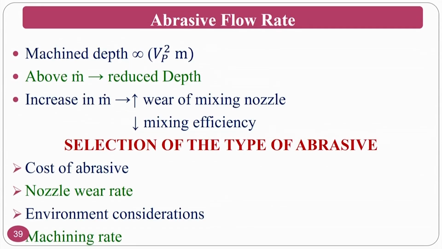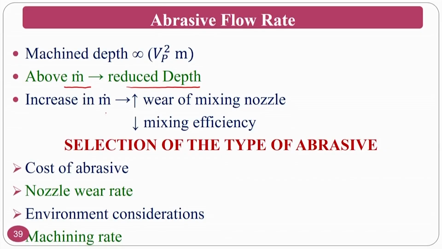So, regarding the abrasive flow rate, normally machining depth will be proportional to the velocity of the flow, and if the mass flow rate is very high, it reduces the depth. If the mass flow rate is very high, that means more and more abrasives are coming through the nozzle. So, the abrasives will collide with each other and there will be a loss in the carrying velocity. Also, at a high flow rate, wear of the mixing nozzle will take place, and at the same time the mixing efficiency will reduce.